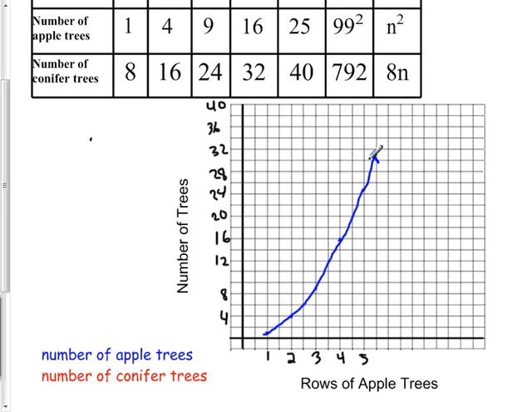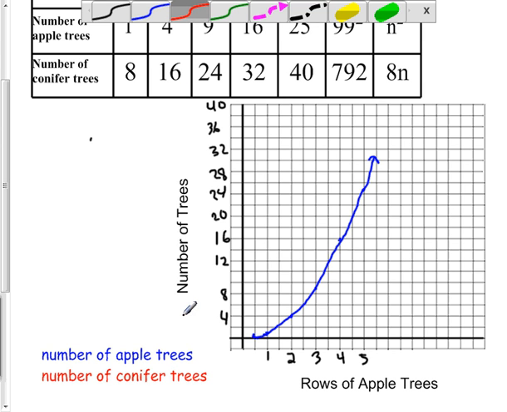It's kind of a curve. And we'll talk about what that curve is in a second here. So even though all of the points that you graph on here will lie on this curve, not every single point on this curve makes sense because you can't have 4.3 rows of apple trees. Okay, so you do have to be careful there.